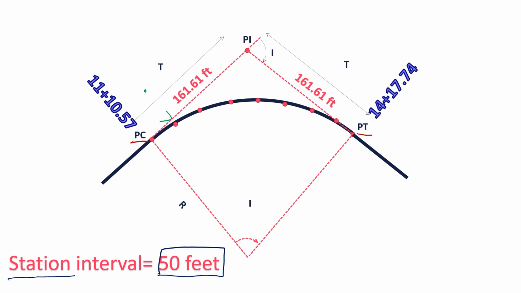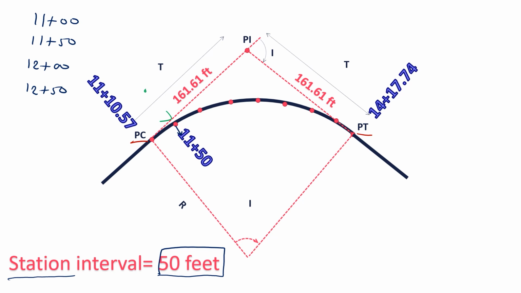Since our station interval is 50 feet, our first station would be at 11 plus 50. This is how we increase the chainage by 50 feet.